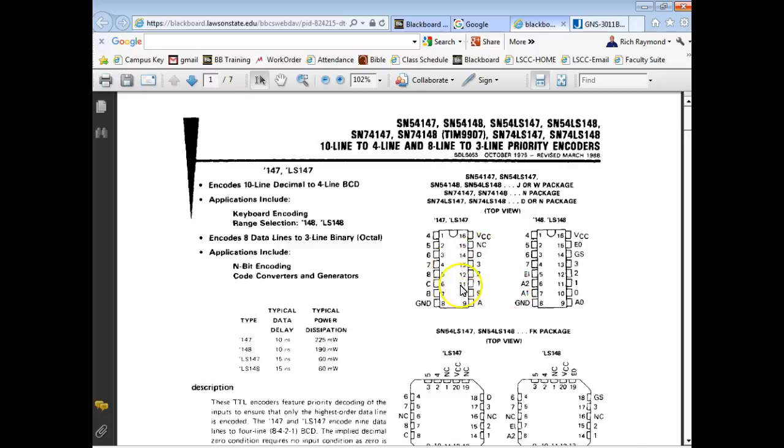I don't know why they did that. Here's our outputs, A, B, C, and D. So the outputs on your schematic, they're calling it A0, A1, A2, and A3. Right, because here we're going from a code to binary.